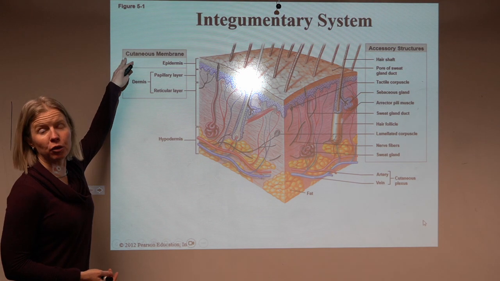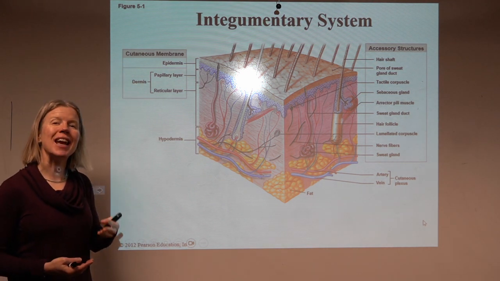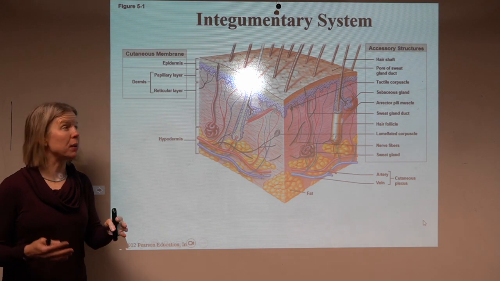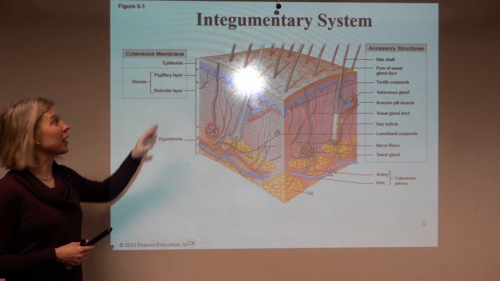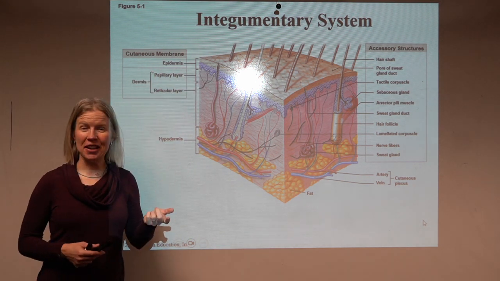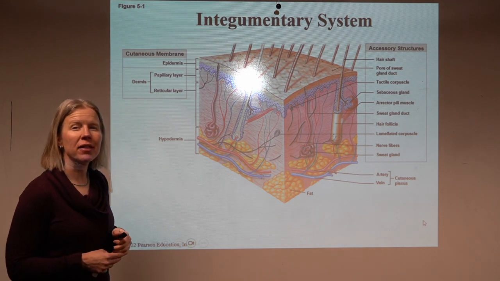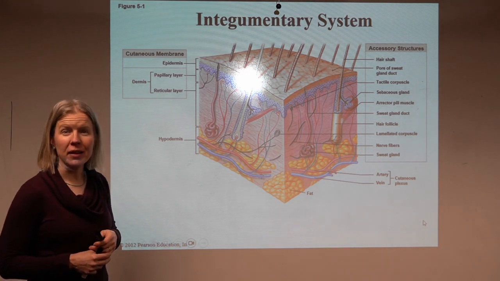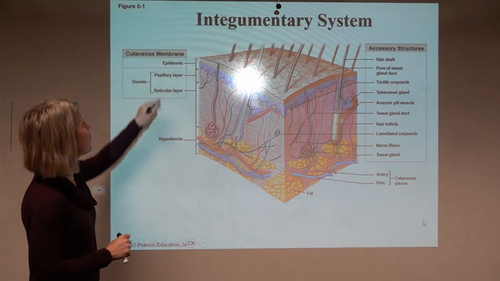We talked in chapter 4 about the skin, about the integument as a cutaneous membrane, right? This barrier. And if you recall, the cutaneous membrane includes the epidermis. We know the epidermis of the skin is made out of a specific type of epithelium. And if you're thinking stratified squamous epithelium, you are correct, right?